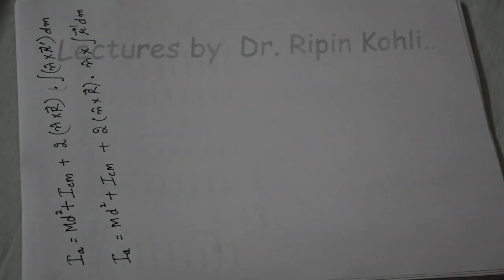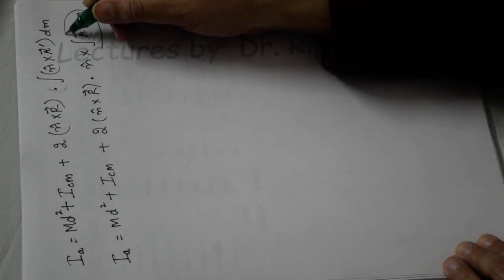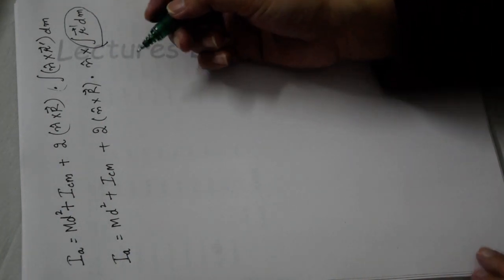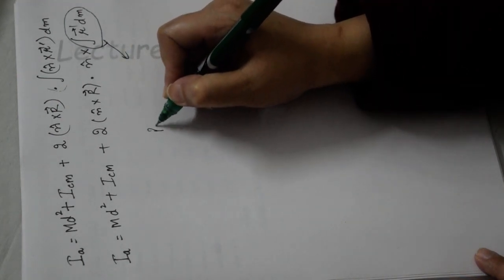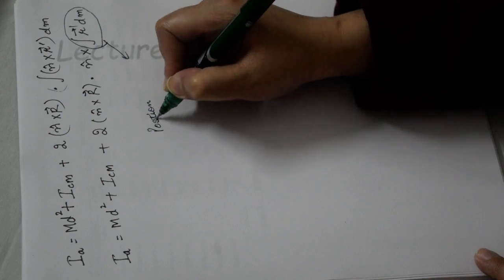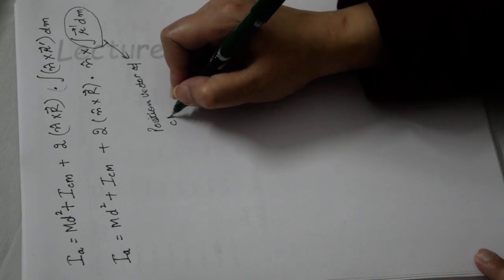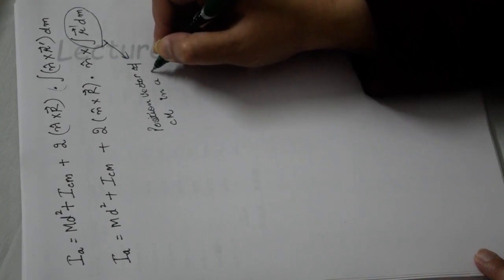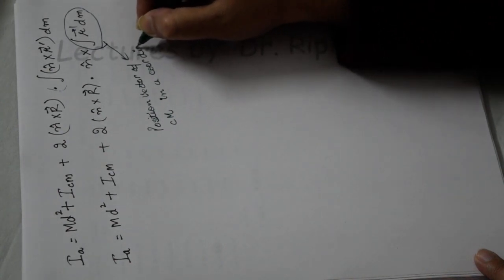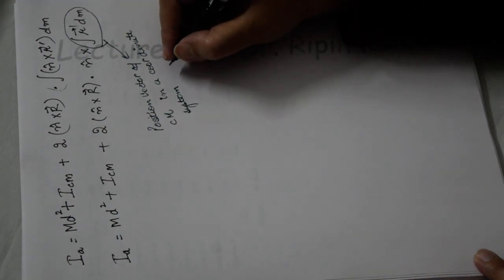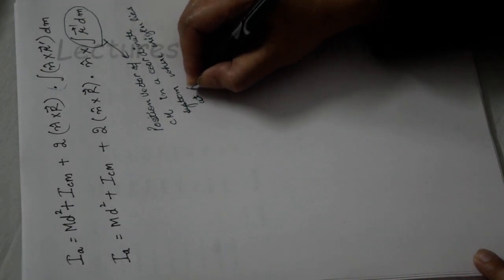Now if we focus on this term, r dash dm, this is the position vector of center of mass in a coordinate system where origin lies at center of mass.